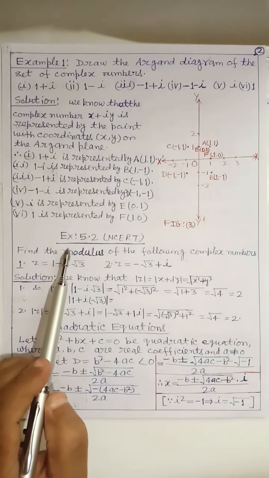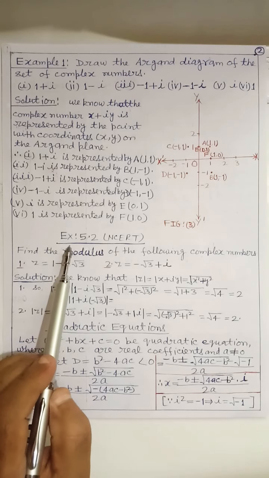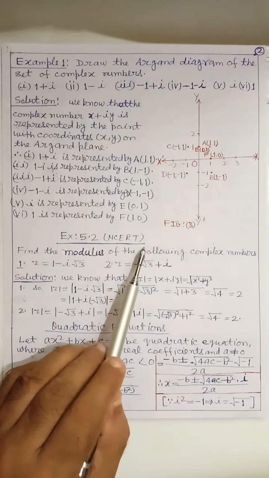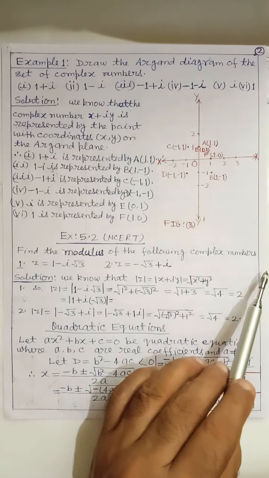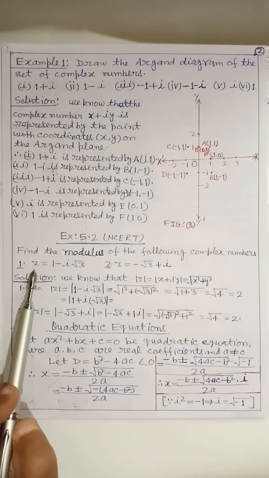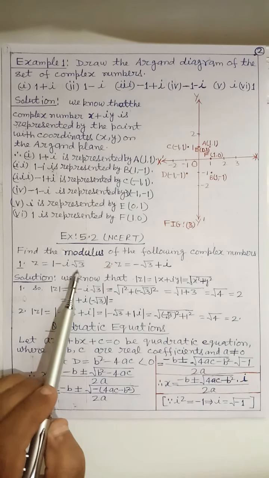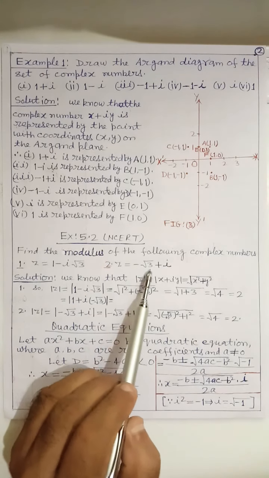Now we will discuss the solution of questions of exercise 5.2 from NCERT. Find the modulus of the following complex numbers. First, z is equal to 1 minus i root 3, and number 2, z is equal to minus root 3 plus i.